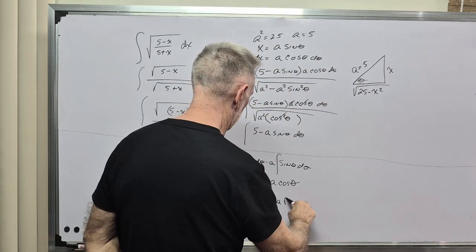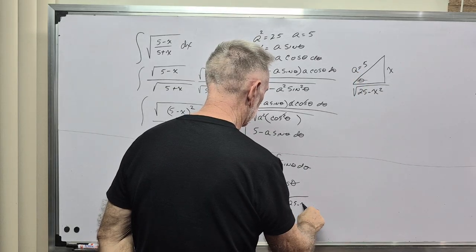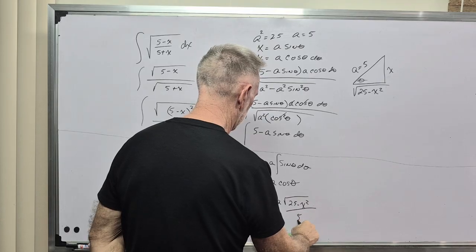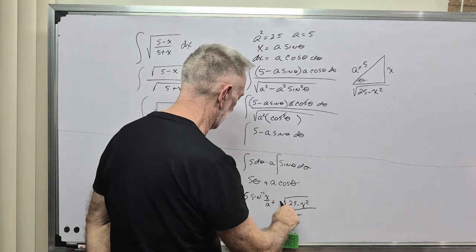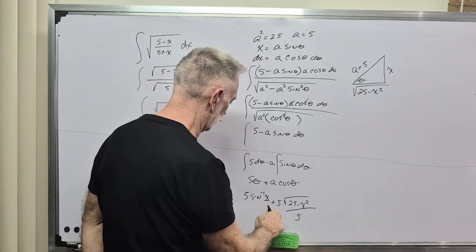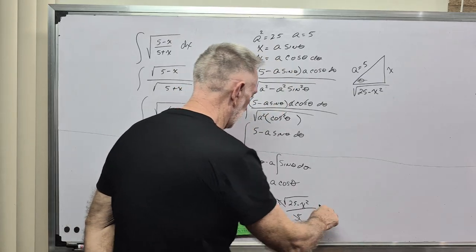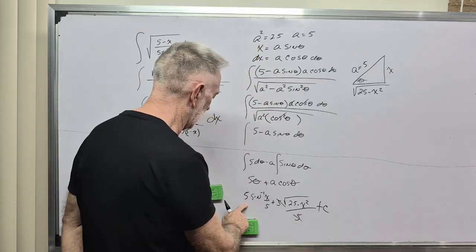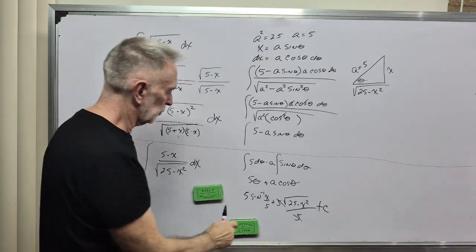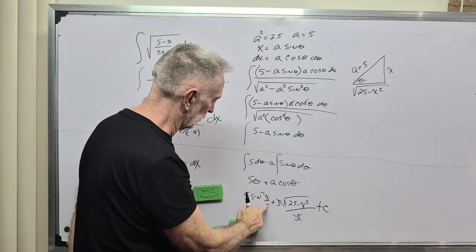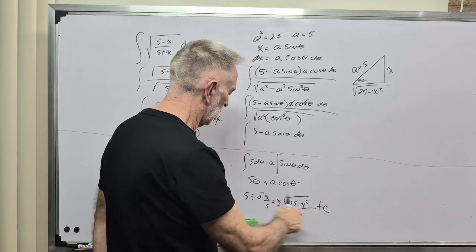Cosine is adjacent over hypotenuse, so 25 minus x squared, square rooted, over 5. Now a was 5, so I can replace a here with 5, and these 5s cancel. So the integral of the square root of 5 minus x over 5 plus x is 5 times the sine inverse of x over 5 plus the square root of 25 minus x squared plus c.